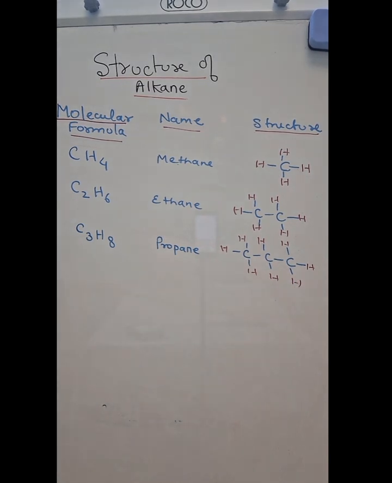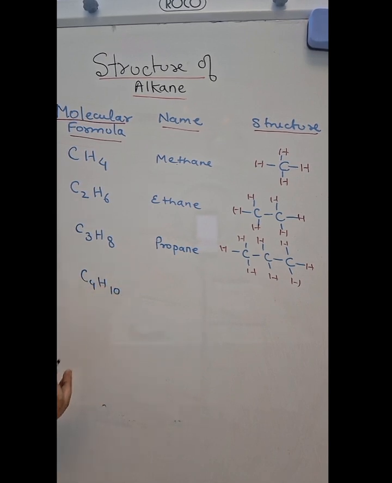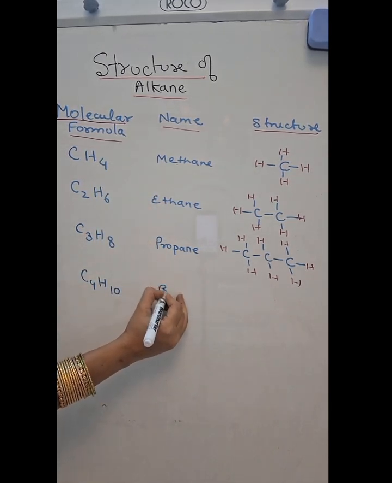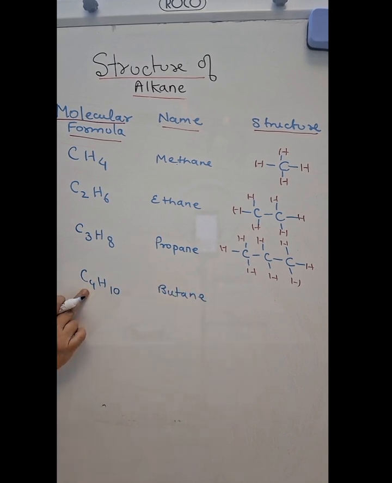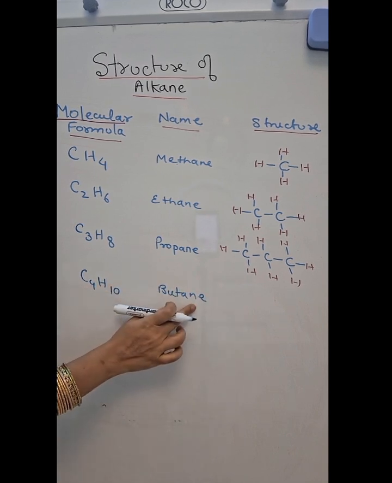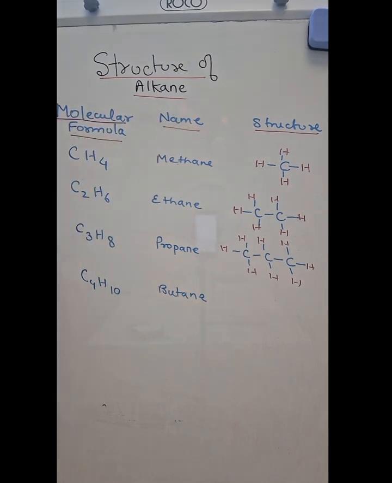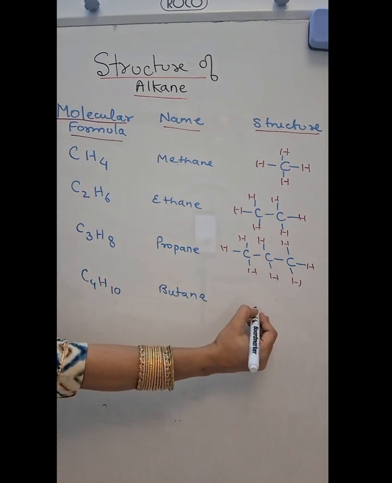Now, the 4th member of alkane is C4H10. Its name is butane. But because it is made up of 4 carbon, and ane because it is an alkane. Okay. Now, how to draw the structure?